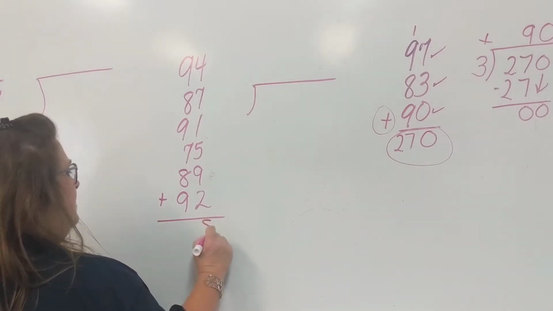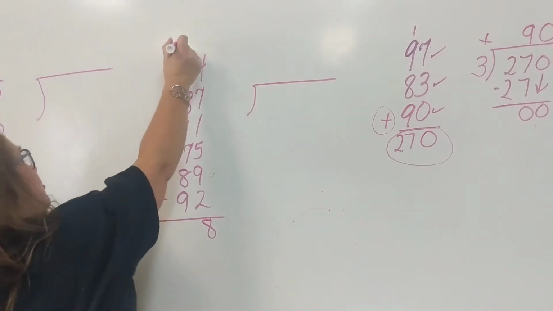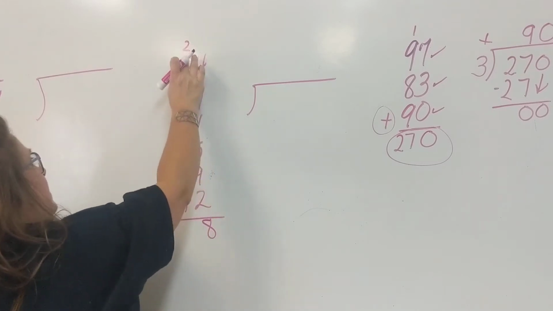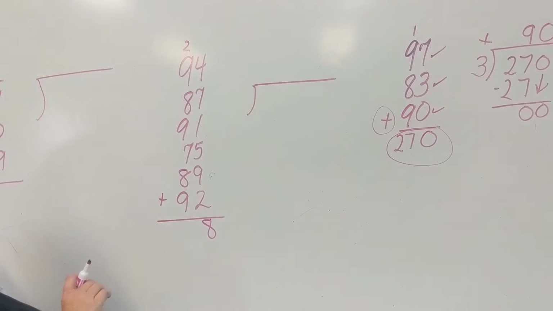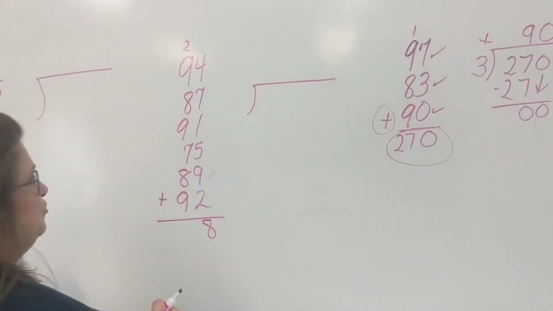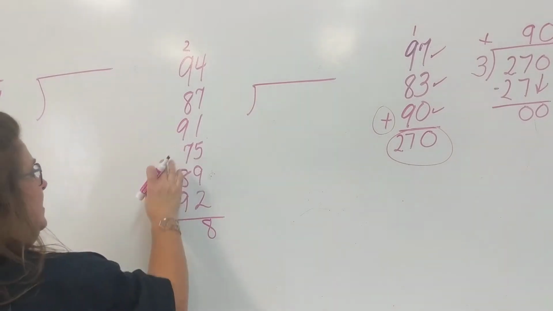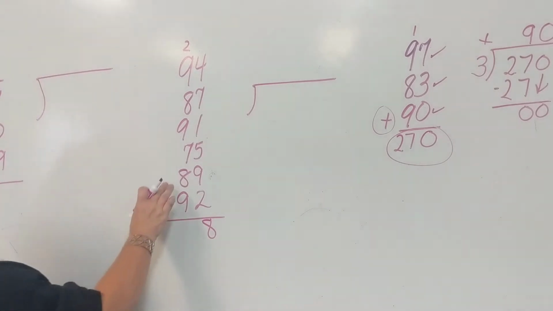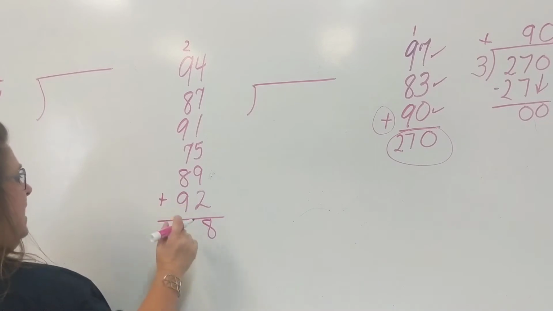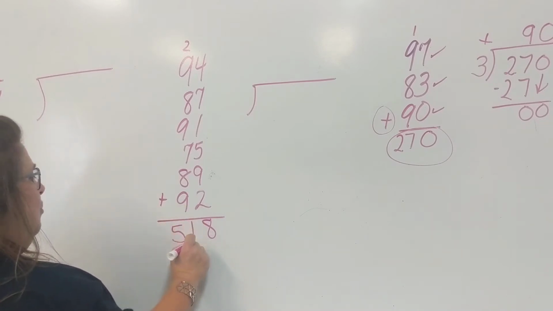So we put our 8 in the ones place. We carry our 2 to the tens. 9 plus 2 is 11, plus 8 is 19, plus 9 is 28, plus 7 is 35, plus 8 is 42, plus 9 is 51.